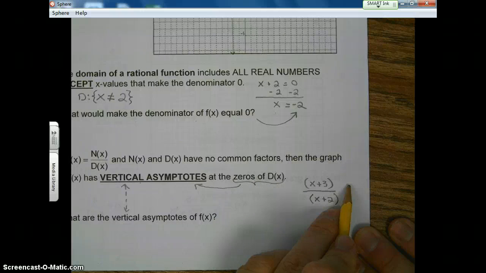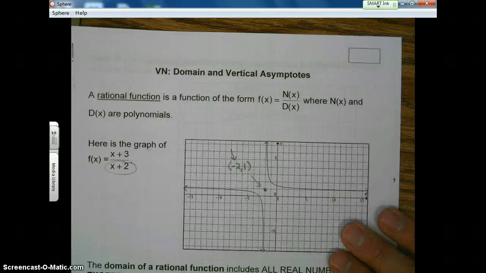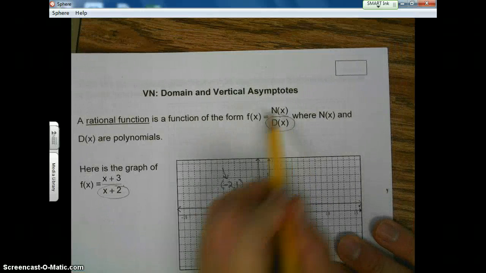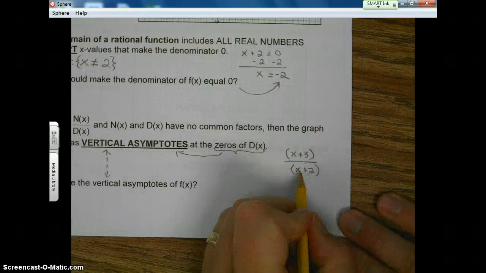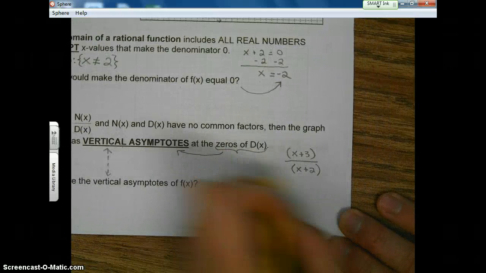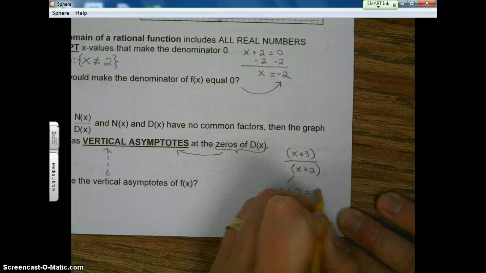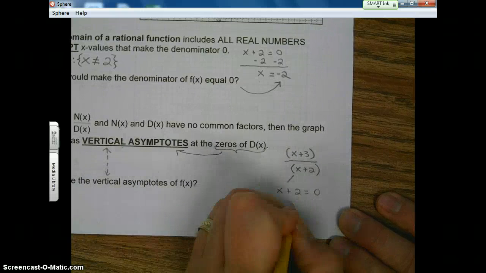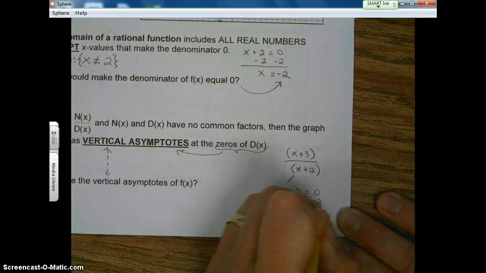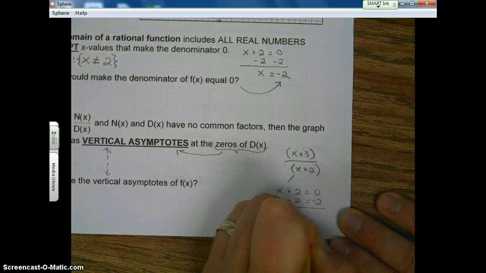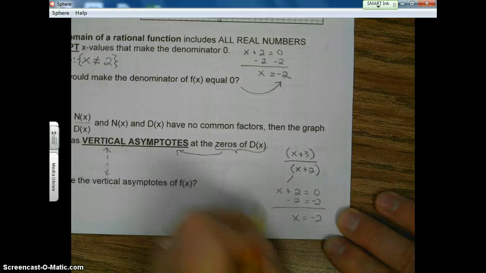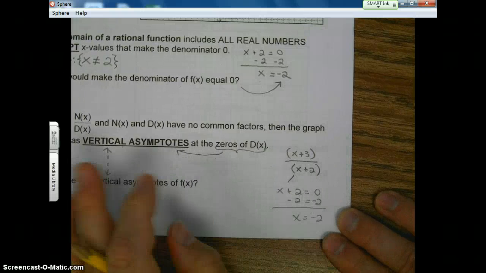D of x is in the denominator, apologies for that. To find the zero, we take the denominator, set it equal to 0, and solve. This is where the vertical asymptote goes.